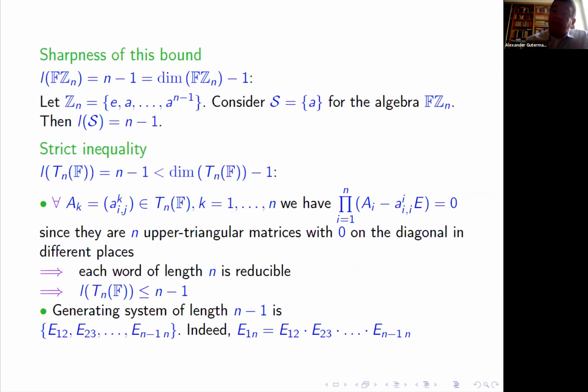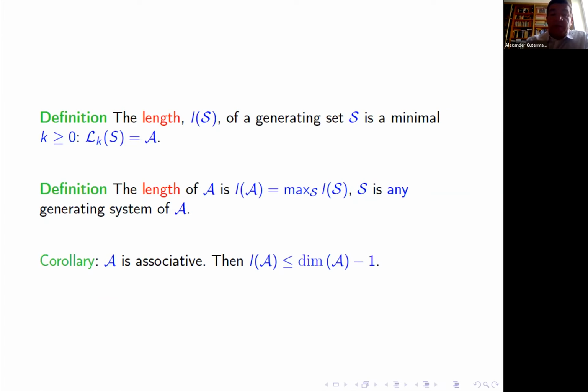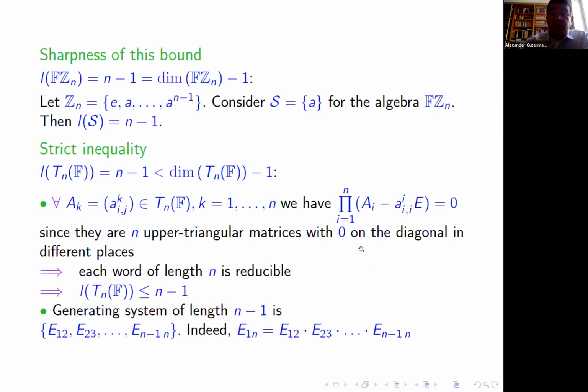And this last bound I just mentioned, dimension minus 1, is certainly sharp. For example, if we consider the group algebra of a cyclic group of order n, then working with that generator, we achieve this bound.